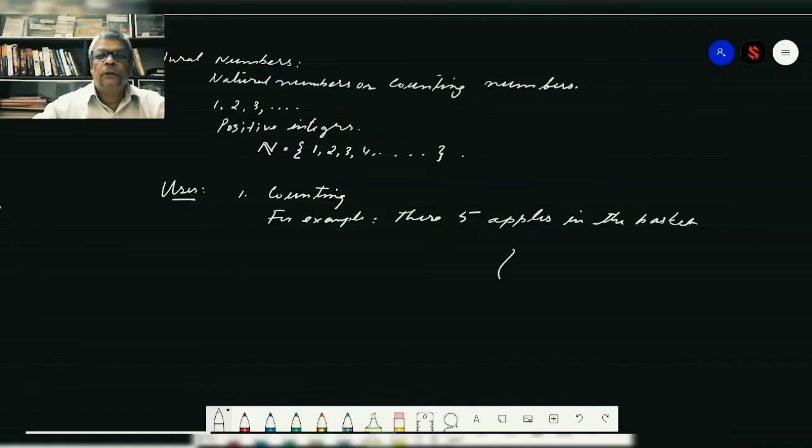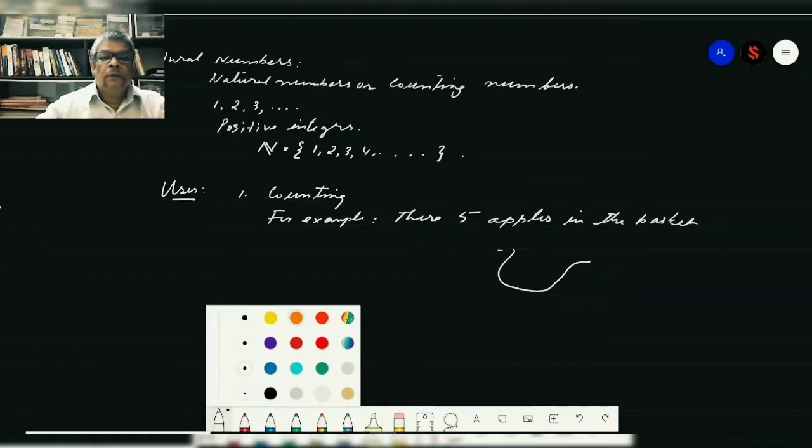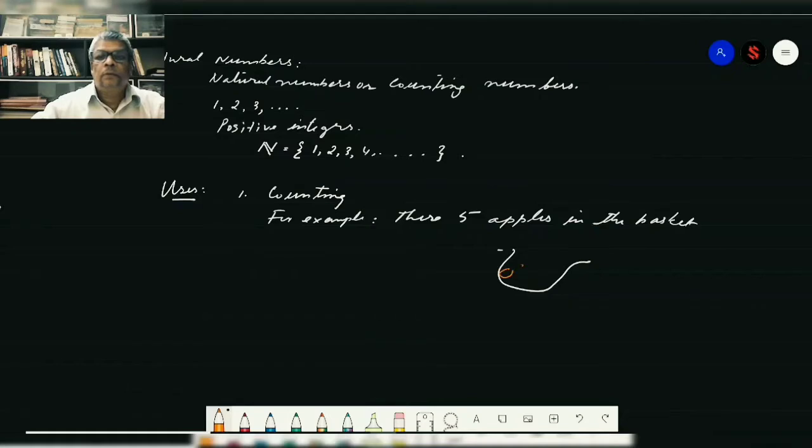Suppose we have a basket like this, and in that, suppose we are having, say, five apples. We count it 1, 2, 3, 4, 5. We say that there are 5 apples. So that is how we count.